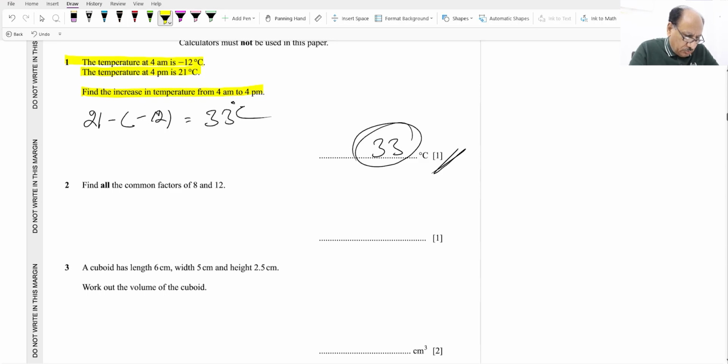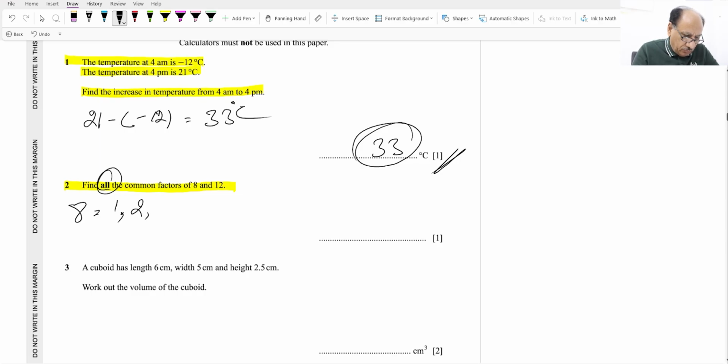Now question number two says find all common factors of 8 and 12. So when we are saying all, it means if you are missing any one, you will be losing marks. So we can write factors of 8, common factors. First we need to write the factors.